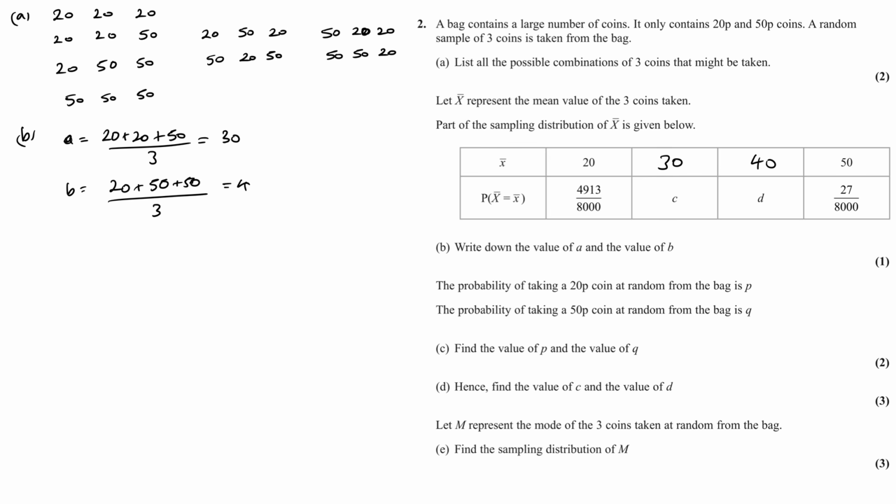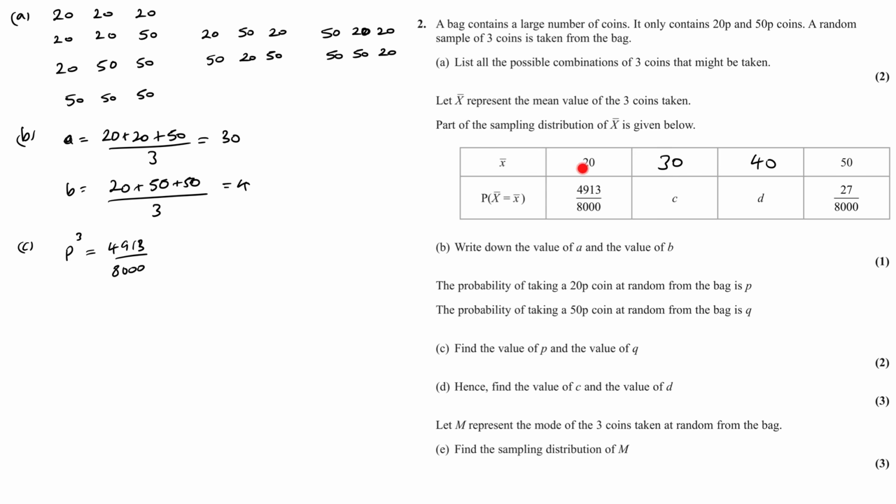So the probability of taking, let me see. All right, sorry, I'm just trying to think there. So from the information, we got C here. So P is the 20p one. So P cubed would be this.